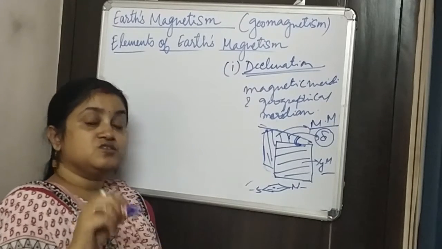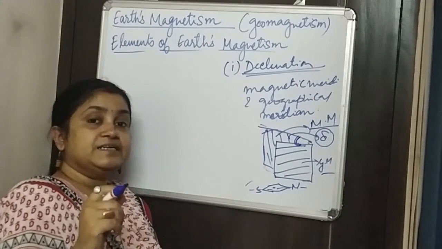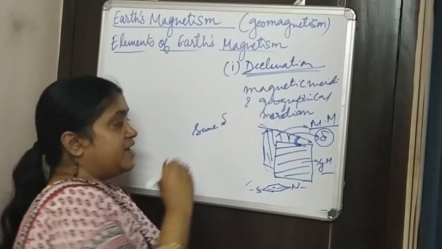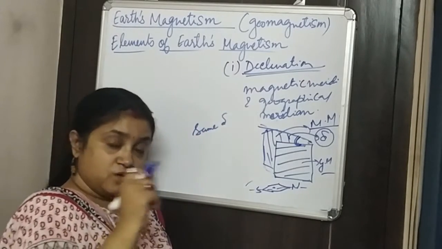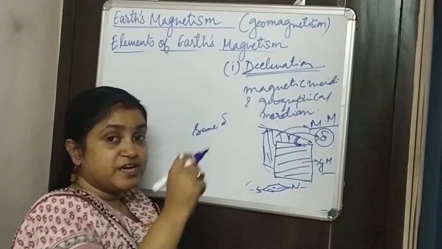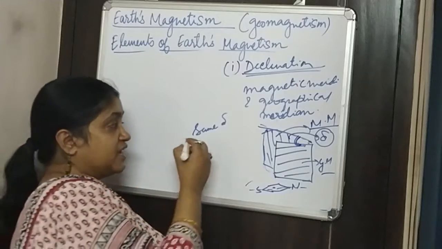Now suppose you look at all the places that have the same declination, and you join them with a line.